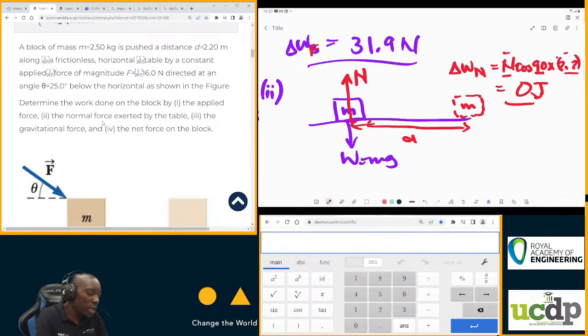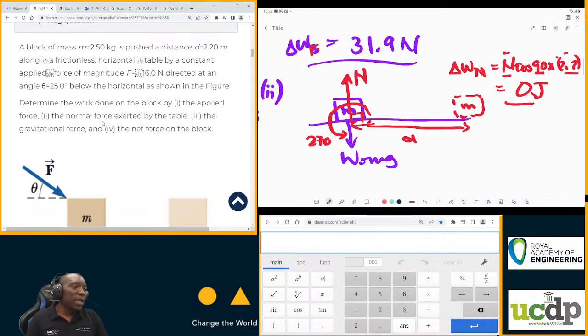Right, so the angle 90 is this one, and for gravity that angle is 270. So it will be W cos 270 times 2.2. The formula will also give you that, but basically in principle, because the displacement and the force are perpendicular to each other, there's no work done by those two forces.